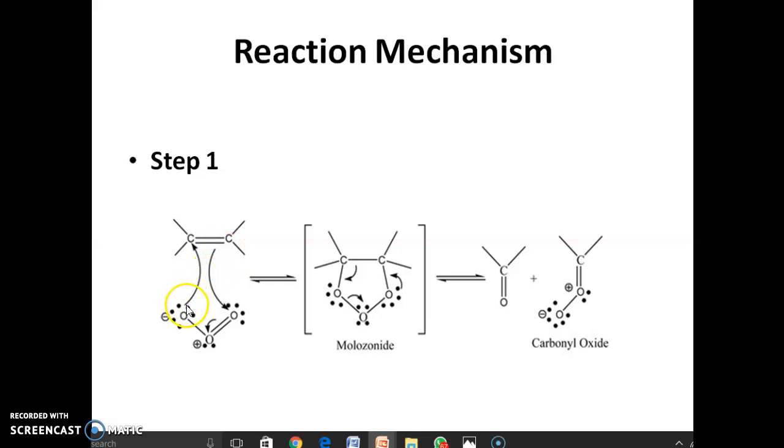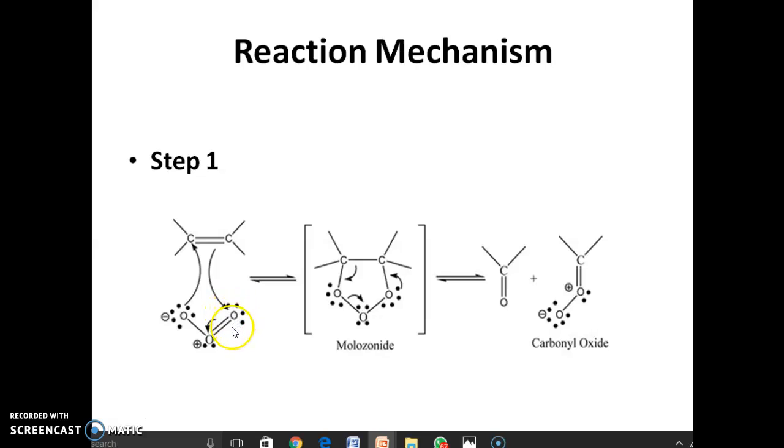One oxygen atom from the ozone gets bonded with the double-bonded carbon atom, and at the same time this results in the breaking of the pi bond between the carbon-carbon atoms in the alkene, wherein the electrons of the pi bond get transferred to the oxygen atom of ozone, which is double bonded with another oxygen atom.